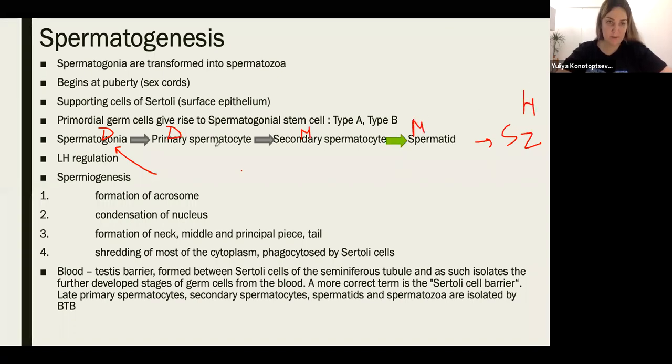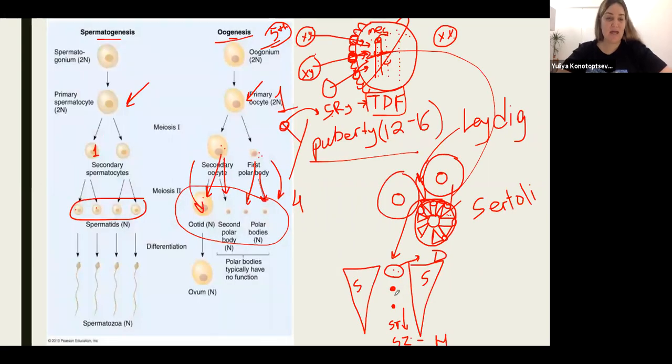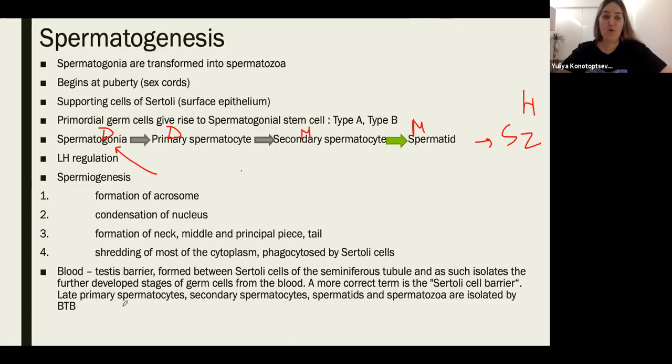Primary spermatocyte is diploid, secondary is going to be haploid. As a result, between the primary and secondary spermatocyte, there is going to be a junction, a barrier. We call this barrier the blood-testis barrier or Sertoli cell barrier.